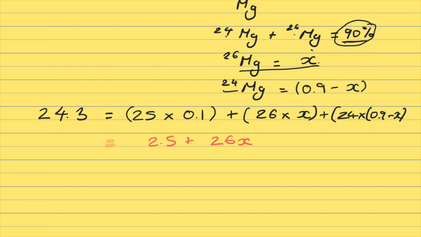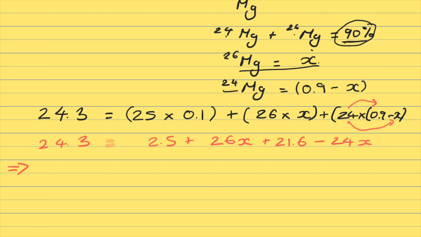And 24 times 0.9 minus X does need expanding. So I'm going to times the 24 by 0.9, and I'm going to times the 24 by minus X. So 24 times 0.9 is equal to 21.6, and 24 times minus X is equal to minus 24X, and we know that that equals 24.3.